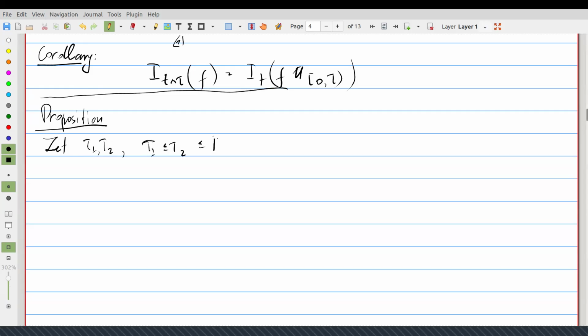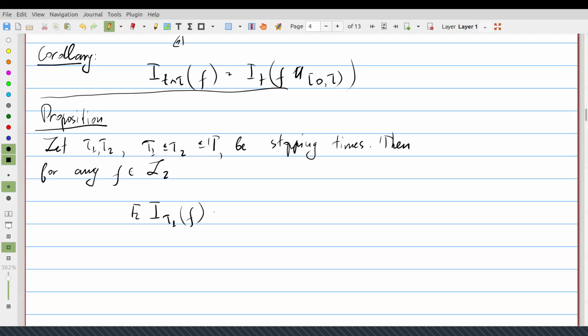So if we have two stopping times, then for any integrable f, we have essentially the same good properties in L1 and L2 senses as for integrals with non-random upper limits.